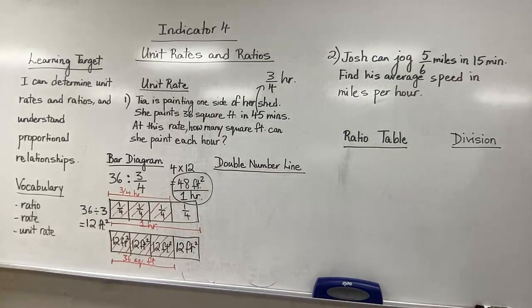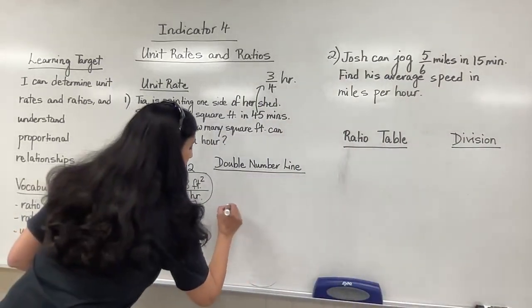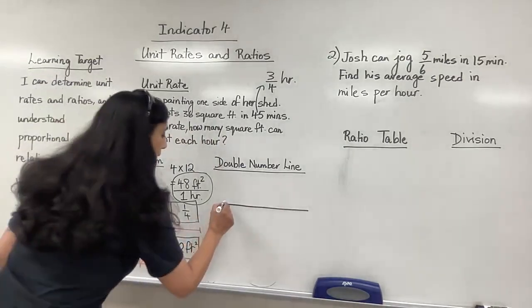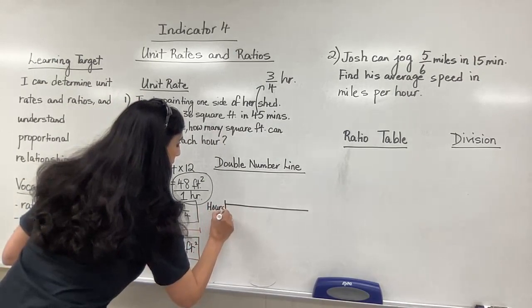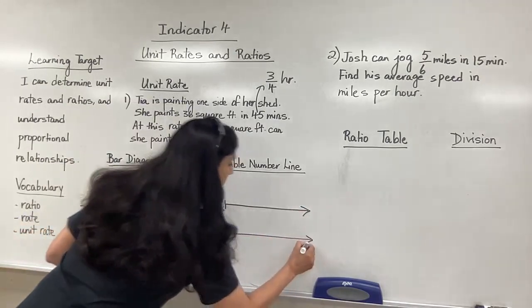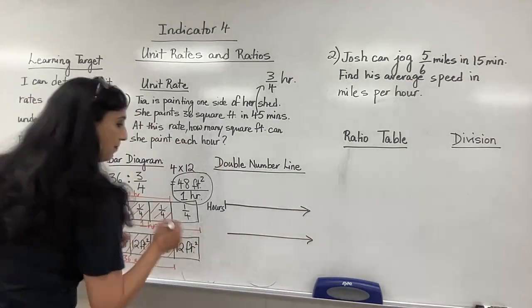Okay. So let's go to a double number line, and we are going to make a double number line. The top line is going to represent hours, and the bottom line is going to represent square feet.